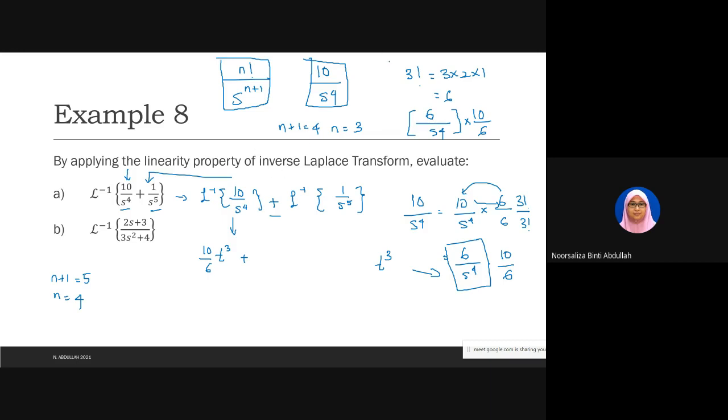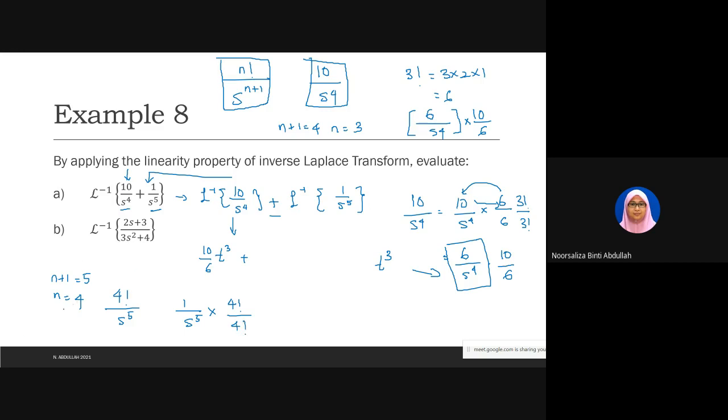This one will be 4 factorial. So 4 factorial divided by s kuasa 5. But now here you just have 1 over s kuasa 5. So you have to times 1 over s kuasa 5 times 4 factorial over 4 factorial.